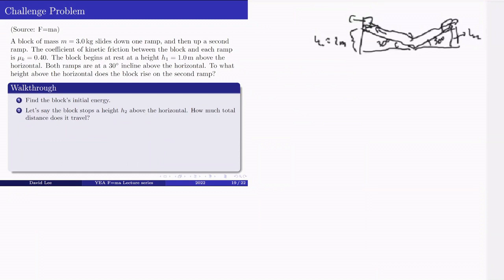All right, cool. So first we want to find the block's initial energy. So what will this be? Well, let's also enlarge to draw a better diagram.